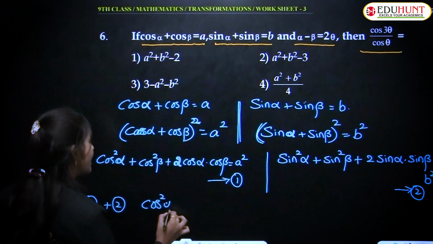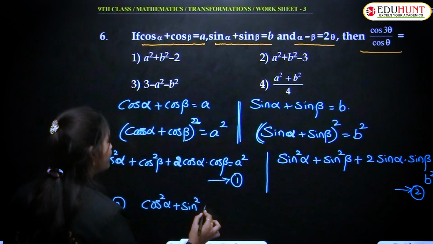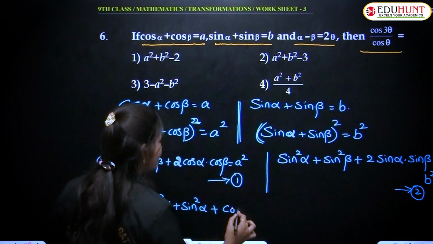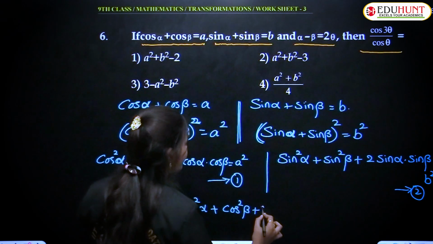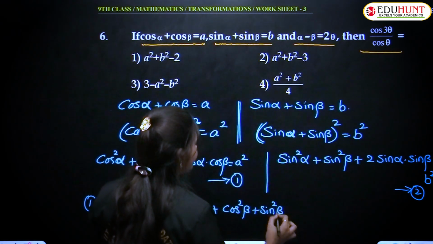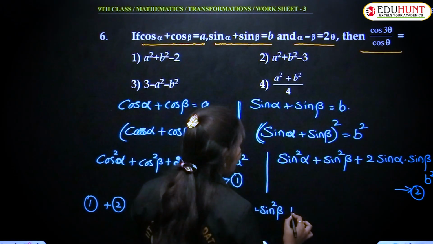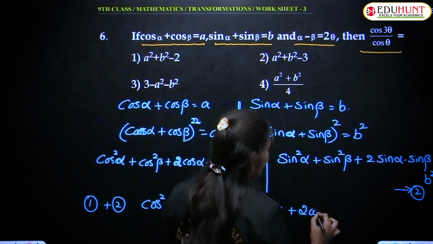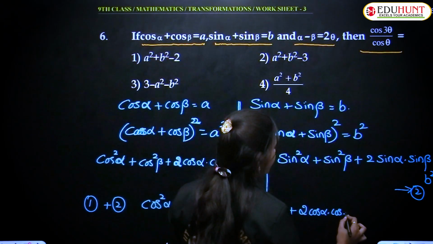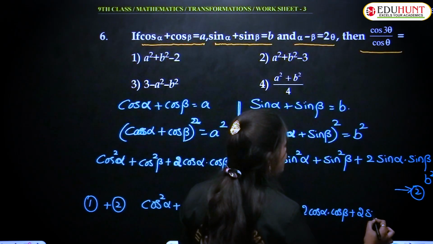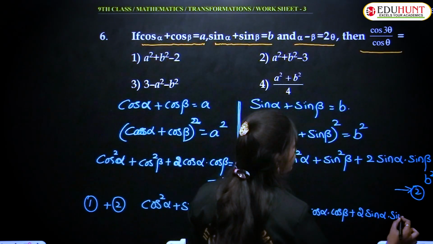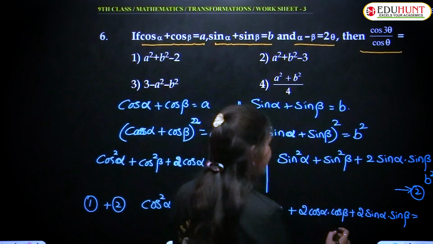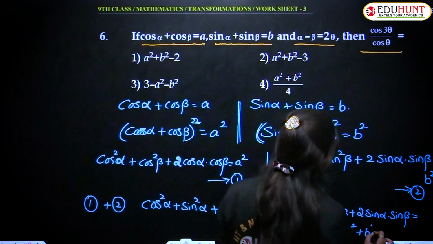So cos square alpha plus sin square alpha, plus cos square beta plus sin square beta, plus 2 cos alpha cos beta plus 2 sin alpha sin beta, which is equal to, on the RHS, A square plus B square.